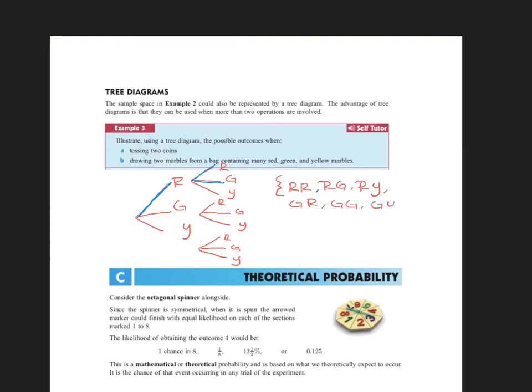I could get a green, and then I could get a yellow. I could get a yellow, then I could get a red. I could get a yellow, then I could get a green. Oops. Erase that. I could get a yellow, and then I could get a yellow. So how many outcomes is that? 1, 2, 3, 4, 5, 6, 7, 8, 9 possible outcomes.